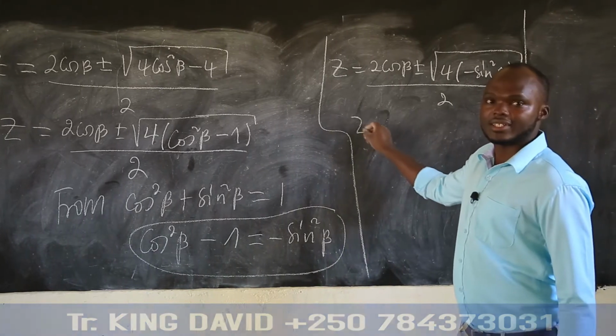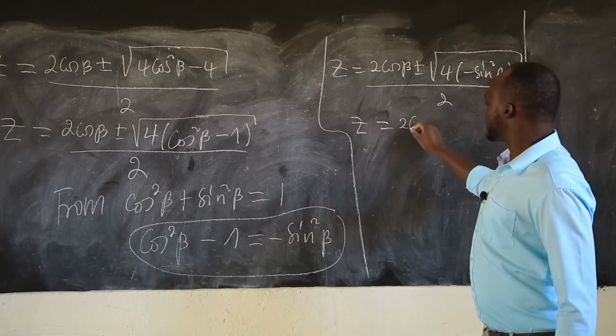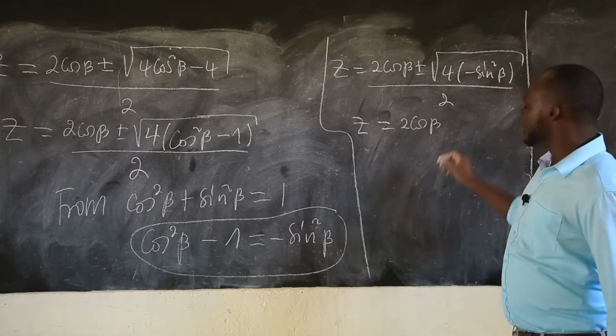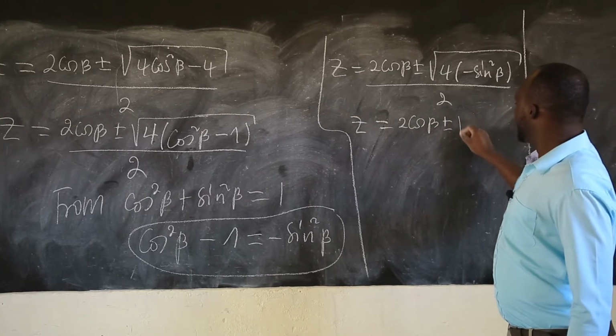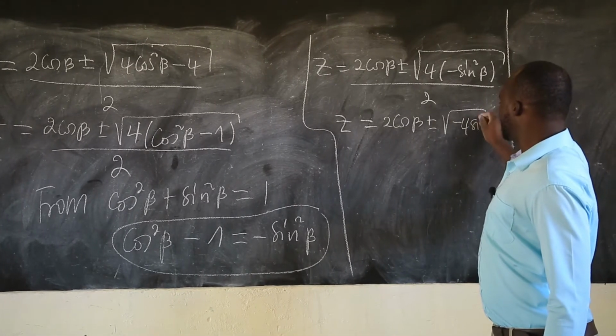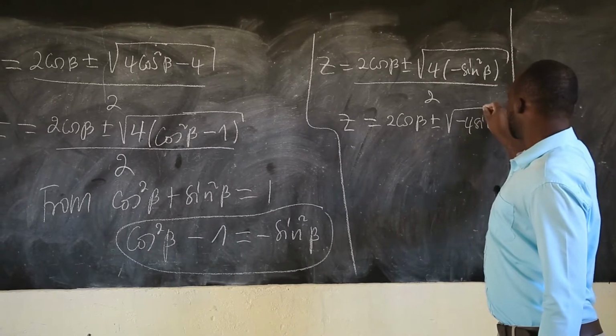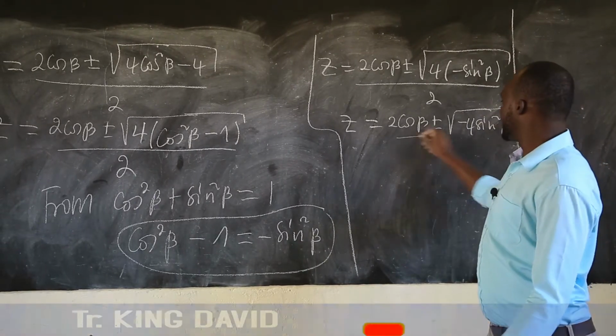So our z is 2 cos beta plus or minus root of negative 4 sine squared beta, divided by 2.